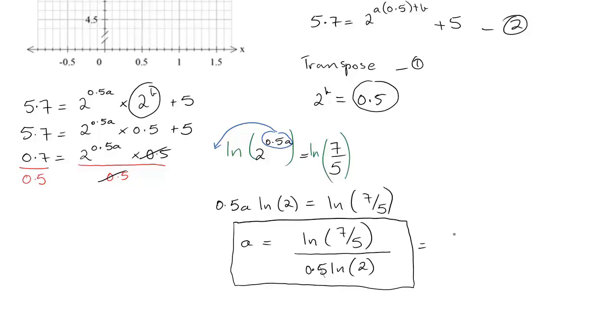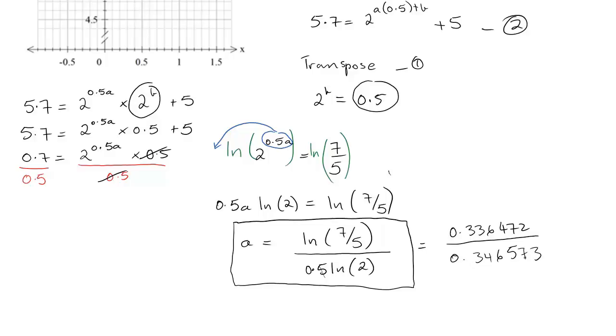So let's say we've got 0.336472 for the numerator, and on the denominator we have 0.346573.